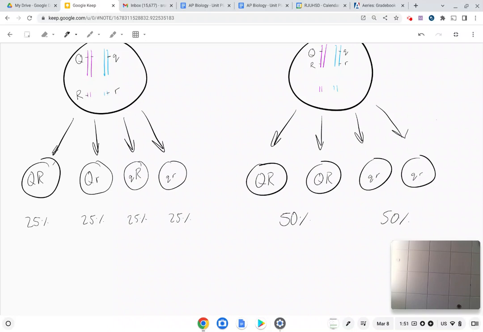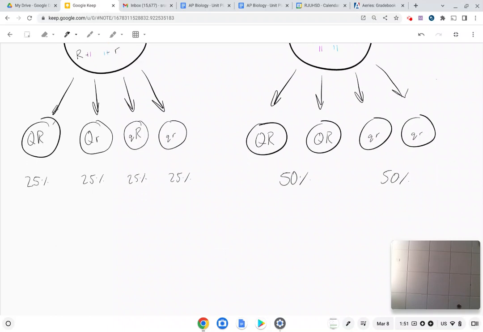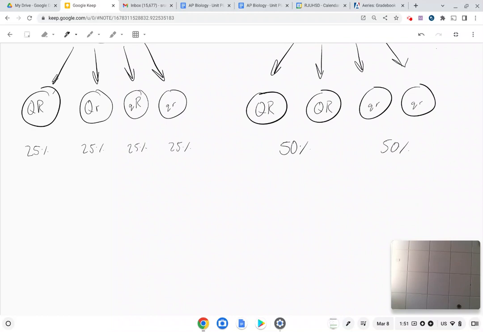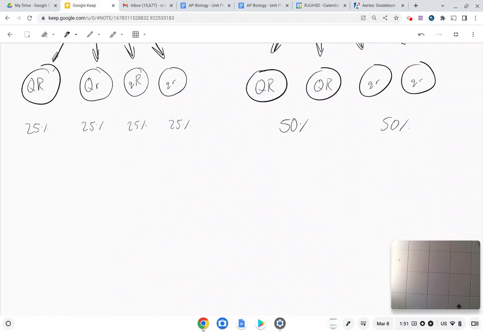So let's list out all of the possible genotypes. There's that possibility, there's this possibility, there's this, and then there's this. So there's 4 possibilities. I'm going to go ahead and qualify this before we suggest some numbers.